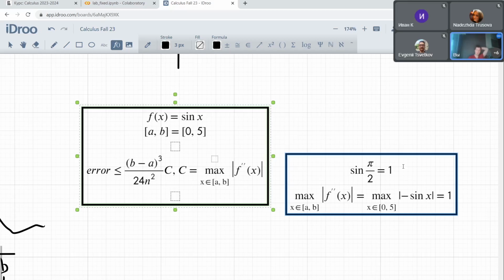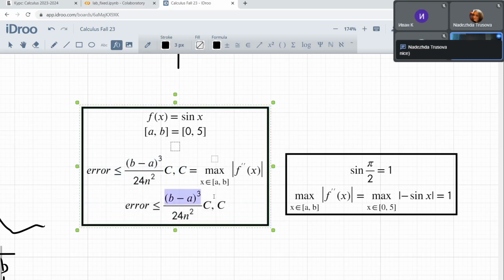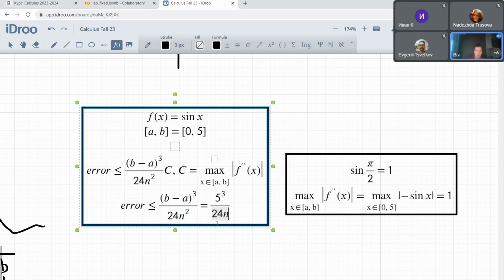Okay? At least, yes, at least in our labs. So here we can easily say that the size of our error is bounded with a5 in cube, 24n in square multiplied by 1.